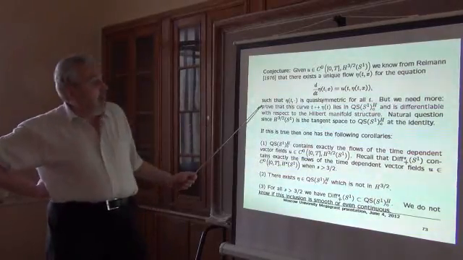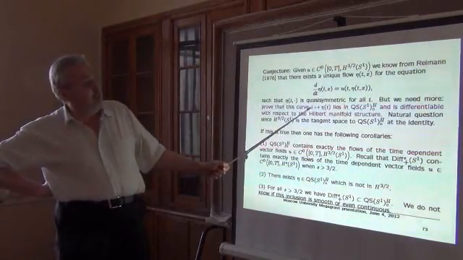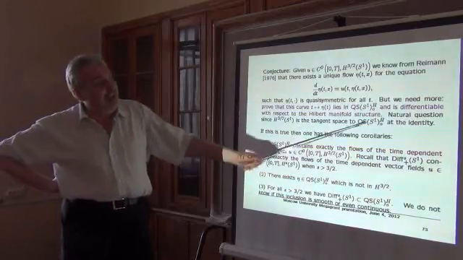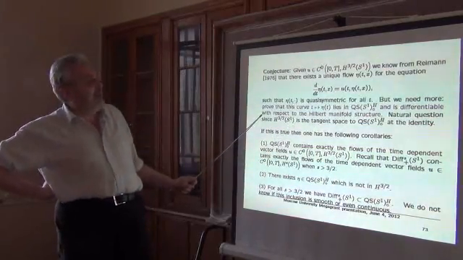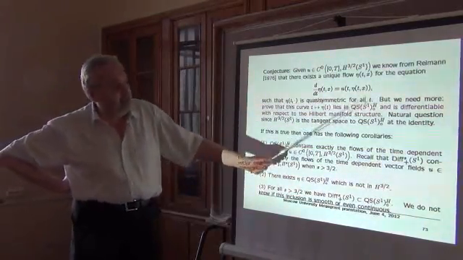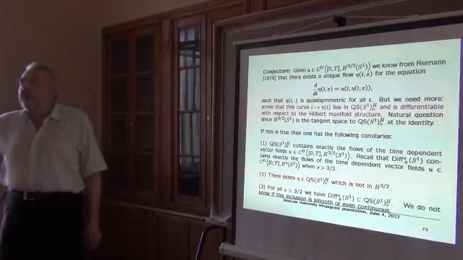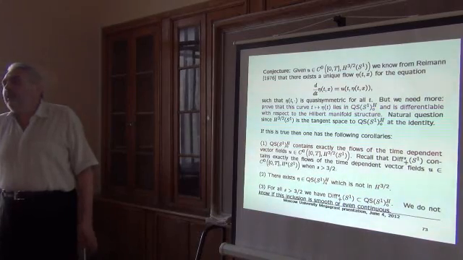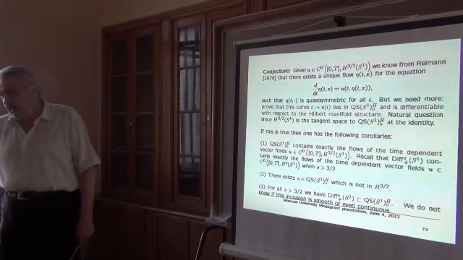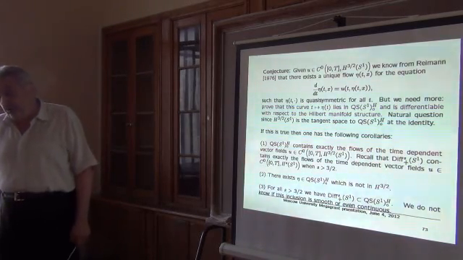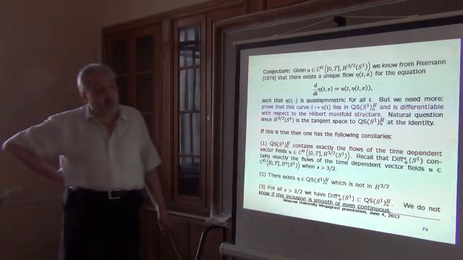But we need more. We need to prove that the curve from t to eta of t lies in here and is differentiable with respect to the Hilbert manifold structure of this. I'm telling you that I want this to be the exponential map if this would be a Lie group, right? But you have to prove it. It's not a Lie group, right? Everything has to be done by hand.